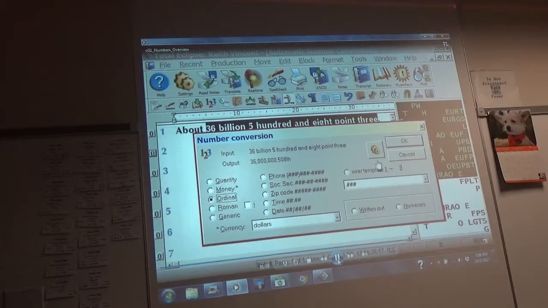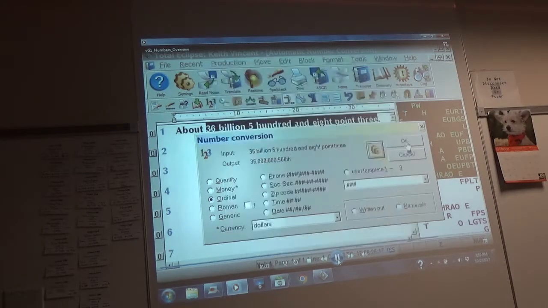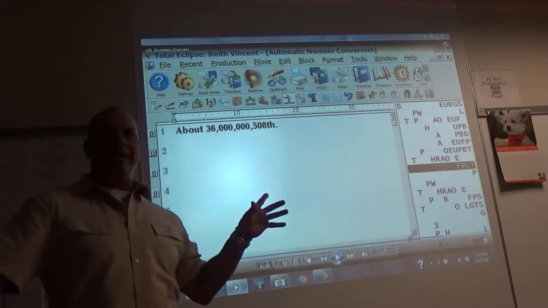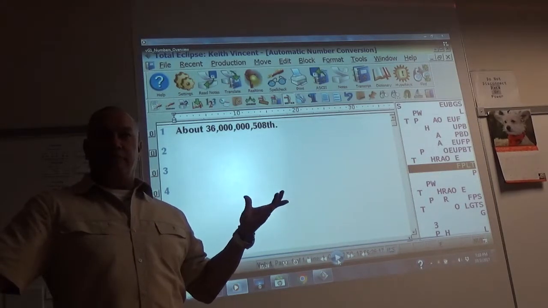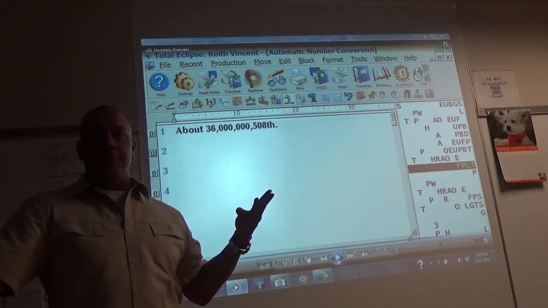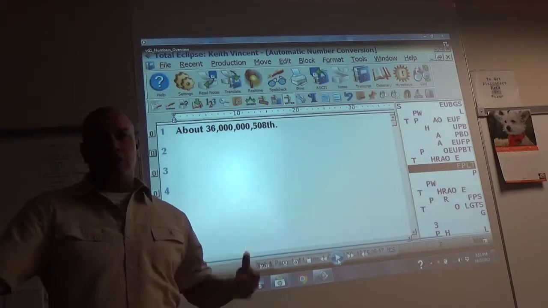However, your number settings will control, and so the gear icon takes you quickly to adjust those settings. You see what it's telling you there? So you can change anything into anything: money, ordinal, Roman numeral, just by that number conversion, which is Control-Shift-3.